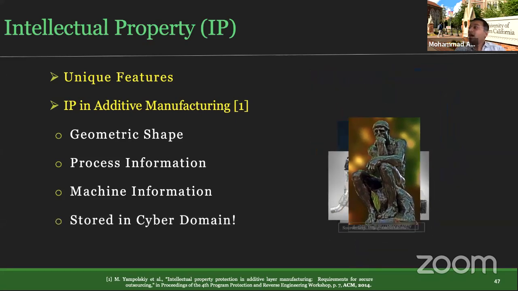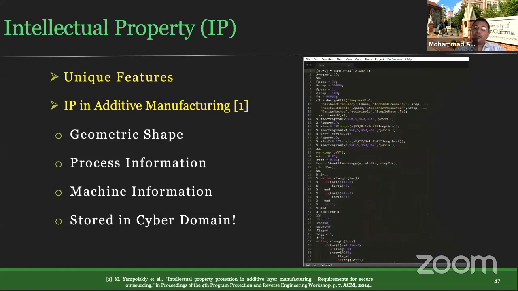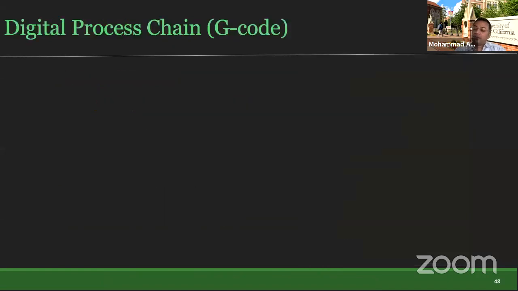If I can store this intellectual property in the cyber domain, and if I can steal this step-by-step recipe, imagine you're cooking something that you don't want to share with anybody, but just by understanding your side channel, somebody can get your recipe. That means your very IP is violated, or the secret of your cooking is violated, right?